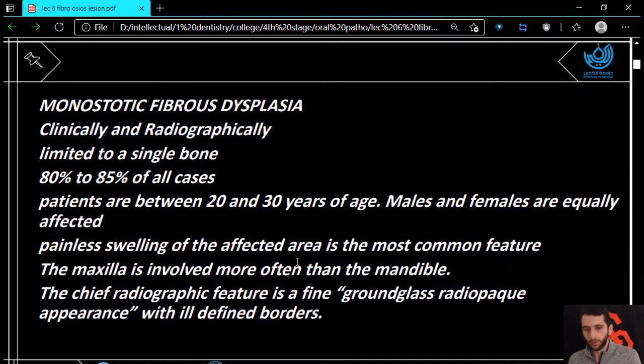Clinically and radiographically, monostotic fibrous dysplasia is limited to a single bone, in 80 to 85% of all cases.